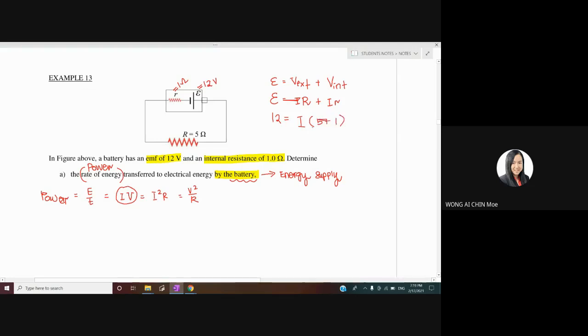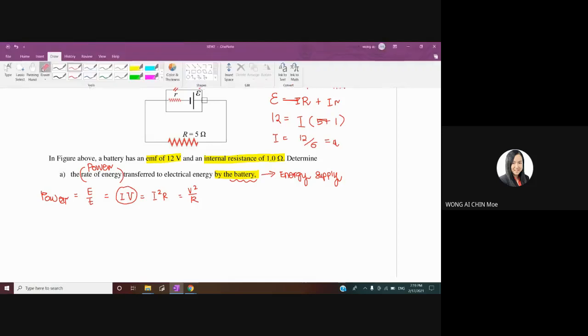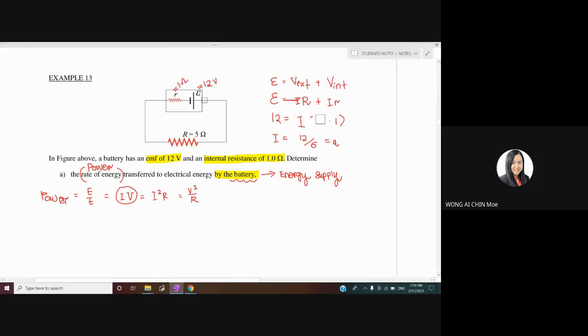So our current is 12 over 6, which equals 2 ampere.